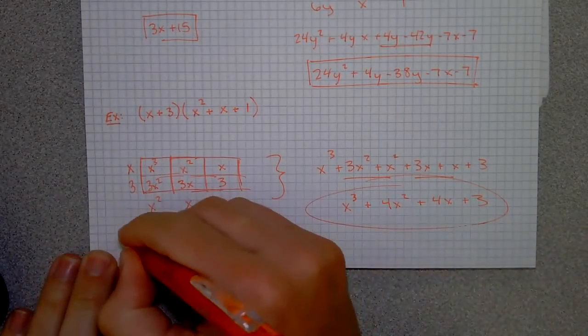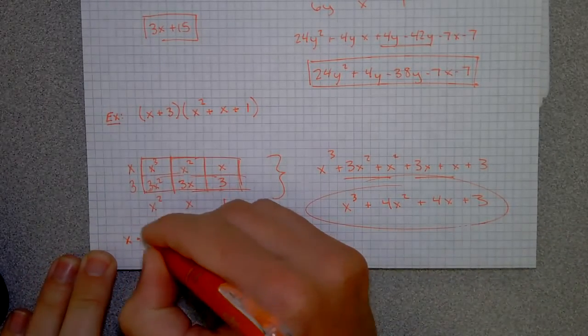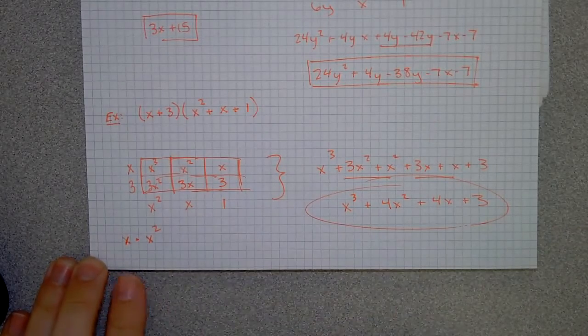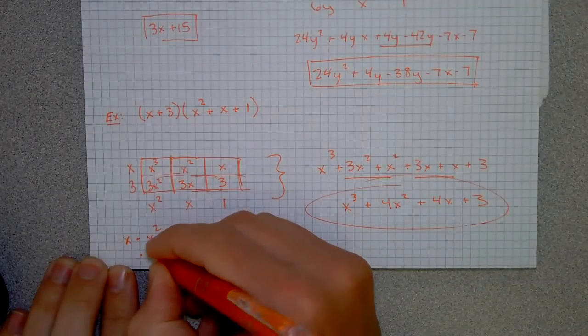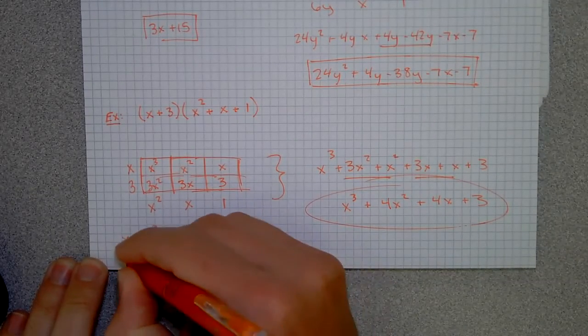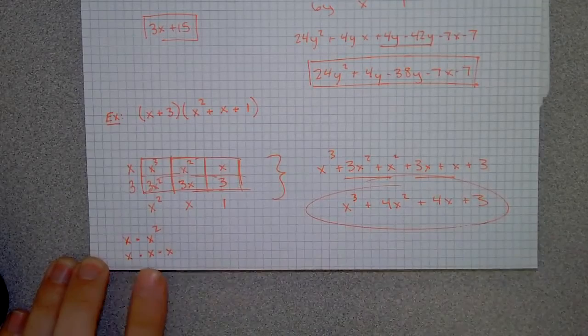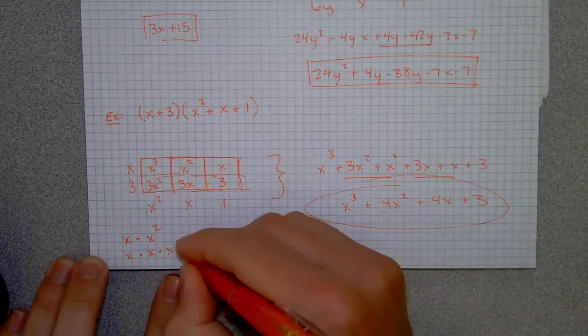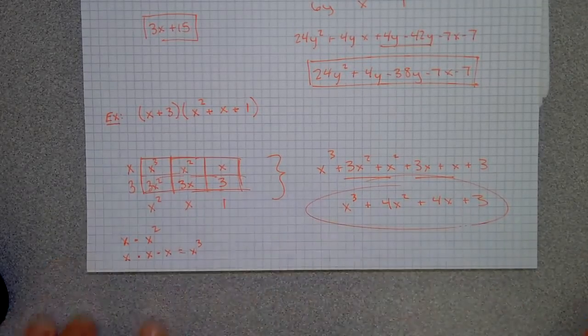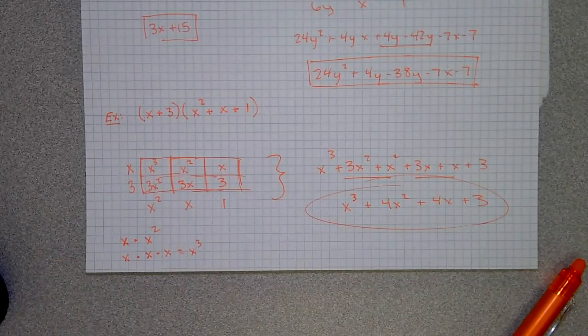Remember, if we have x times x squared, x squared can be written as x times x. So now we have x times x times x, which is x cubed. Okay, 3 times x squared, 3x squared.